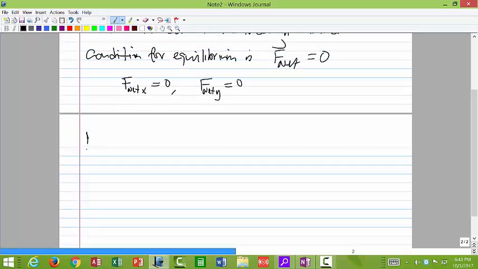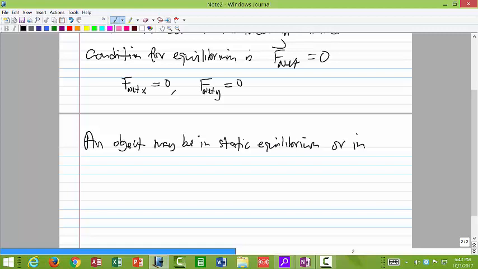We'll say an object may be in static equilibrium or in dynamic equilibrium. Static equilibrium just means it's at rest.